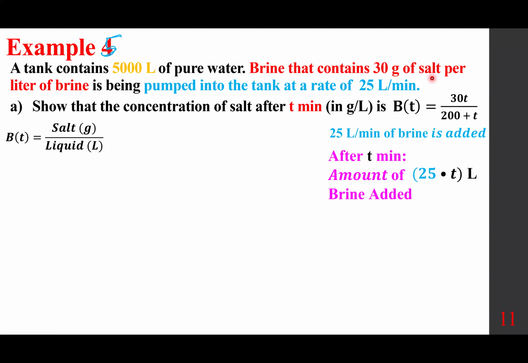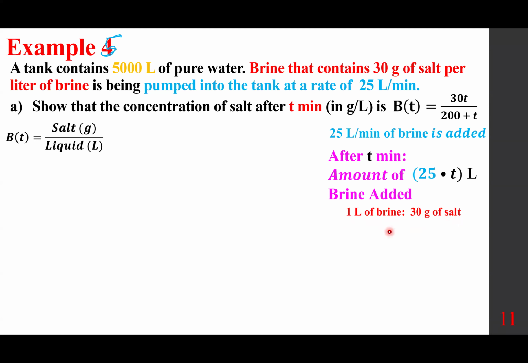Brine has 30 grams of salt. So 1 liter of brine has 30 grams of salt. For example, if we have 10 liters of brine added, we have added 10 times 30 grams of salt. If we added 100 liters of brine, 30 times 100 or 3,000 grams.